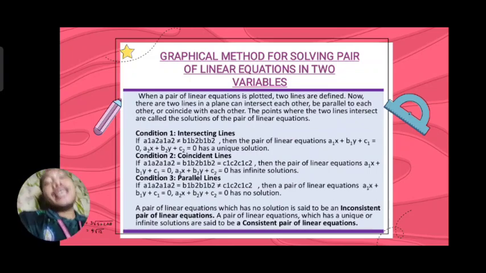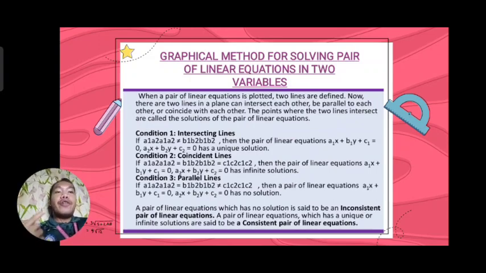So meaning to say, if two distinct lines are parallel to each other, then there is no solution, because hindi natin makakita kung ano yung kanyang mga intersections at ano ang proper na coordinates sa ating linear equation.